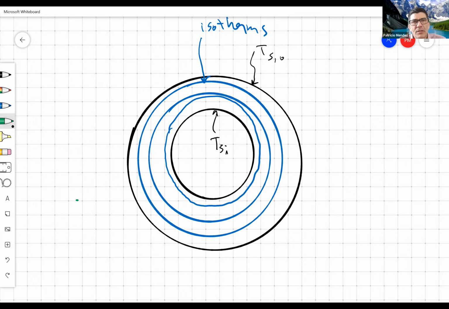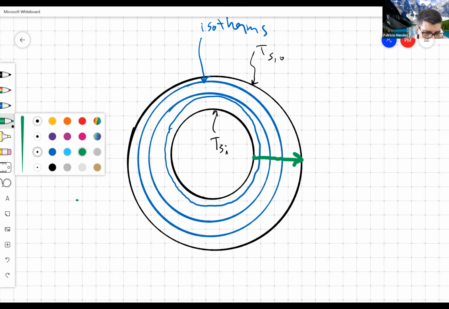The adiabats are always perpendicular to the isotherms, so they will be radial. They will be radial.